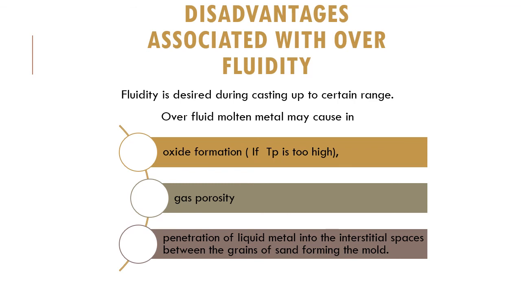It can also penetrate into the sand, so the space between the sand and the metal will be eroded. There will be penetration of liquid, so you will not get the right product at the end.